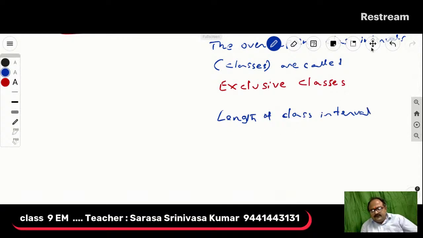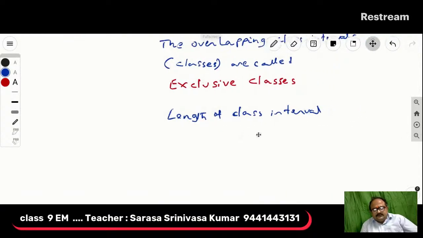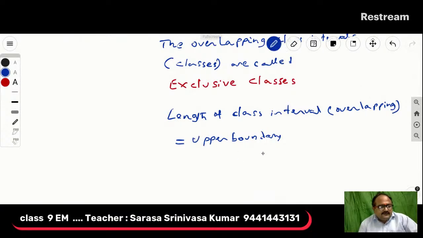Length of class interval for overlapping is equal to upper boundary minus lower boundary.